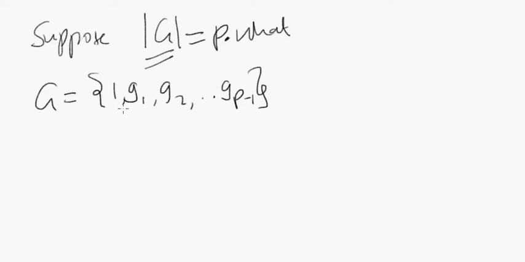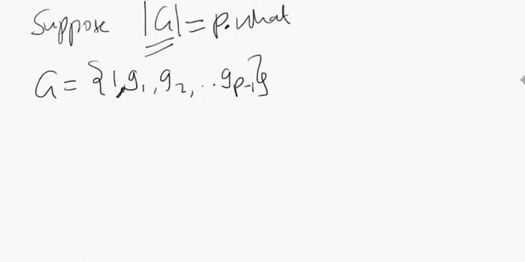How many elements do we have here? P of them. So, are we allowed to write the group like this? Just g1 is some element, g2, and so on. Okay. Well, now let's ask the question.